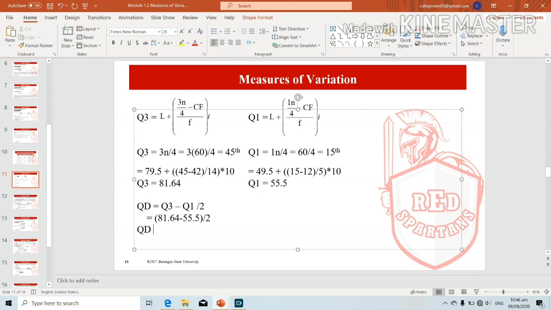So, ang QD natin equal to 13.07. So, yan kapag grouped data.